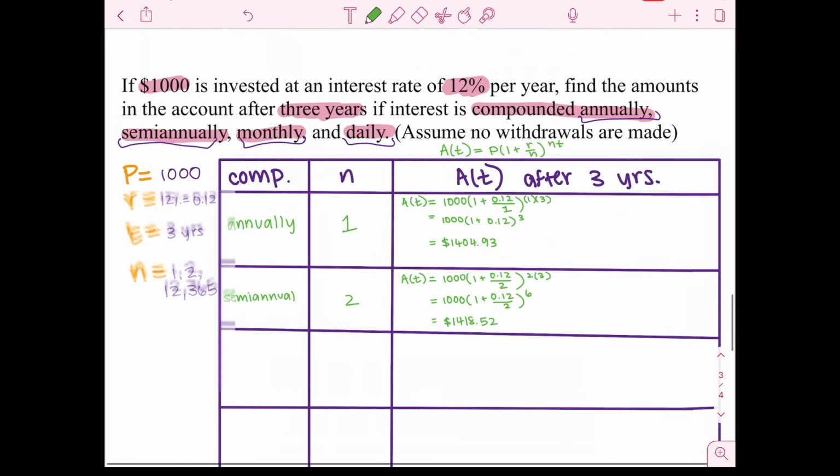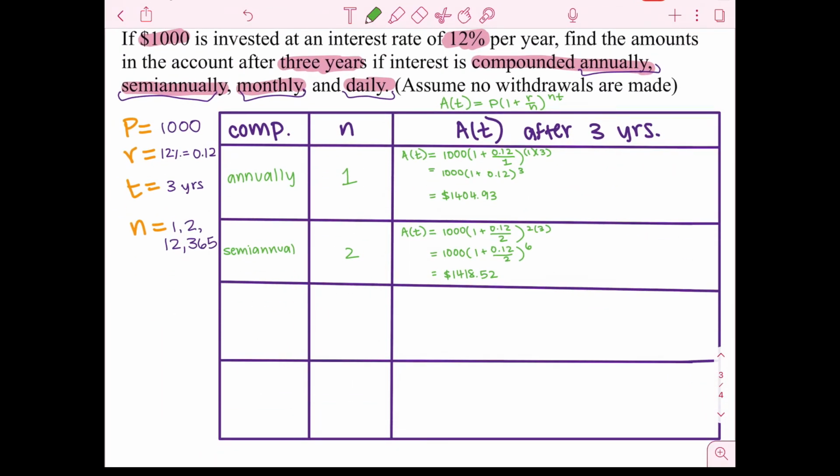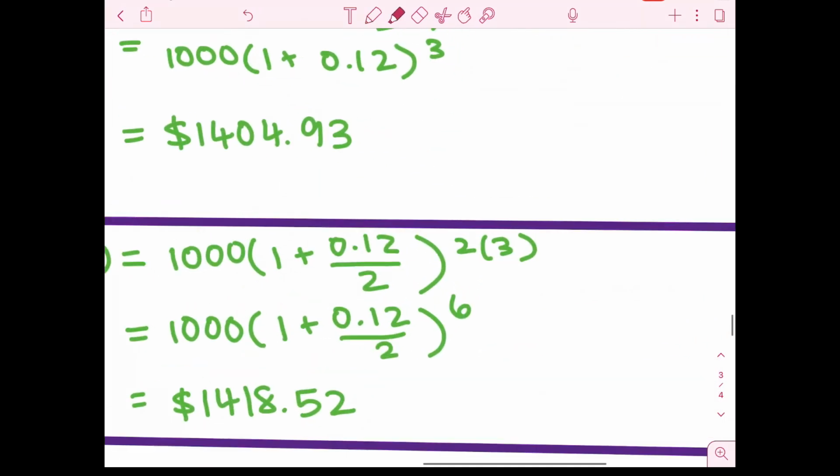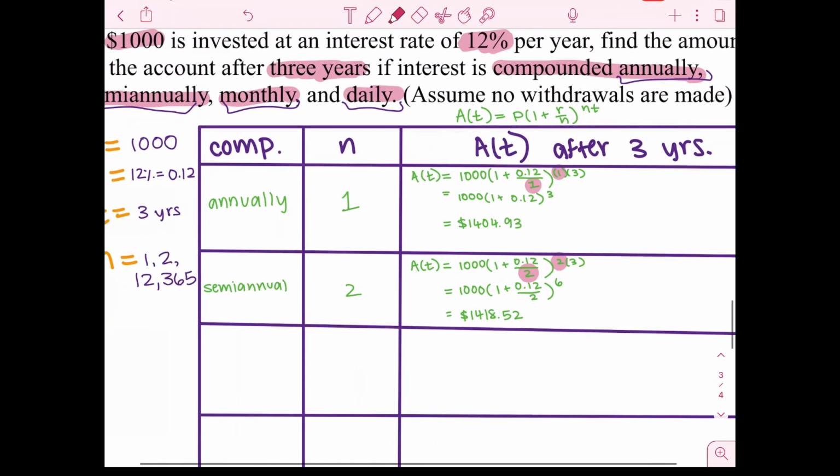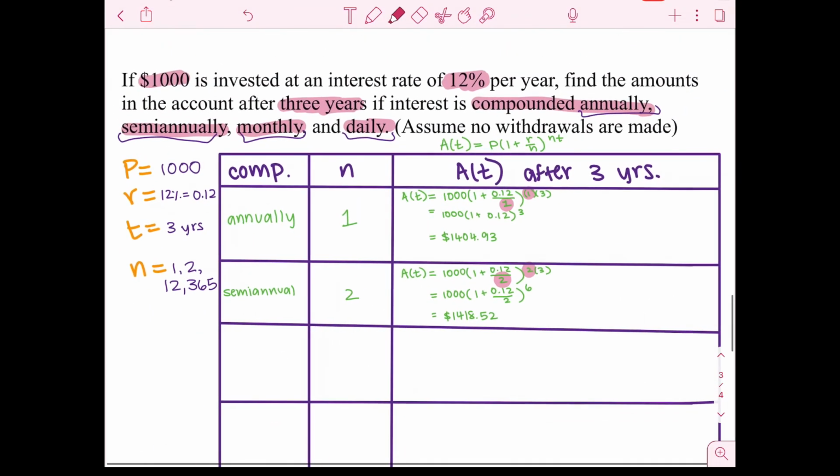So this is our second answer for semi-annual. So all we're really doing is changing the n variable places. So 1, 1 over here. And this is only changing the amount of times interest is being compounded. And obviously that makes sense because we have tons of stuff here: compounded annually, semi-annually, monthly, and daily.